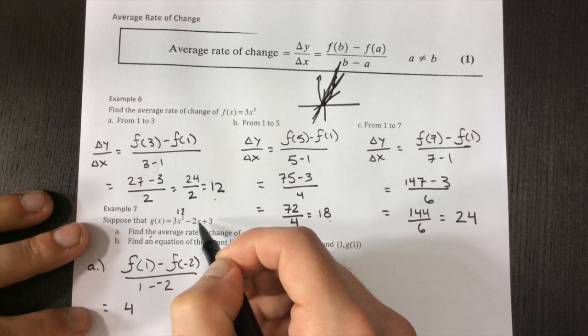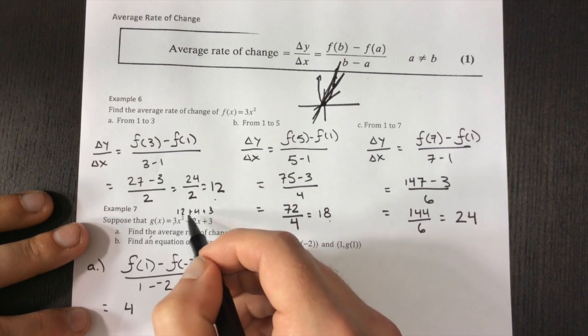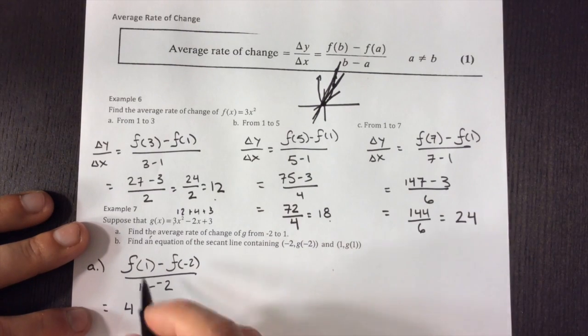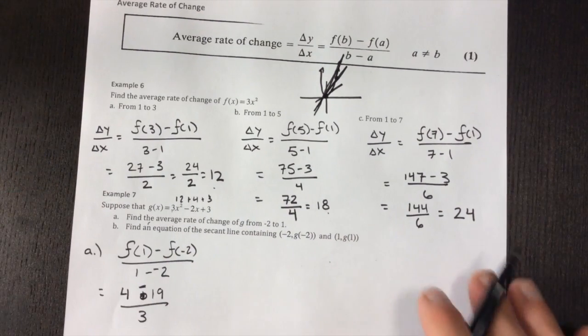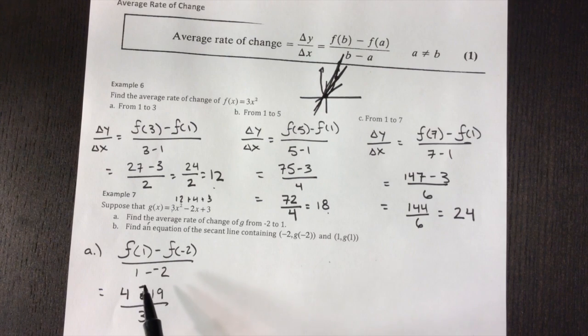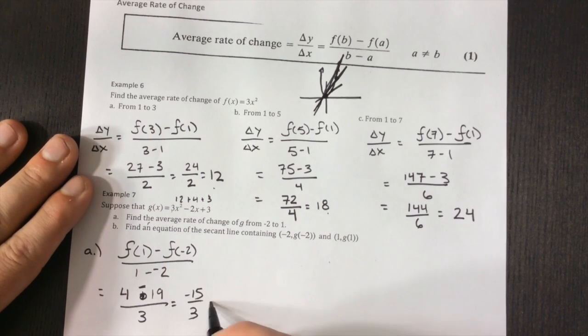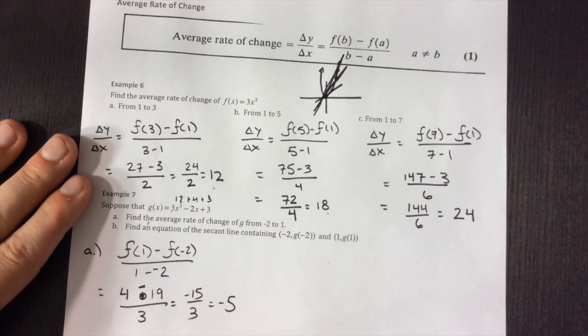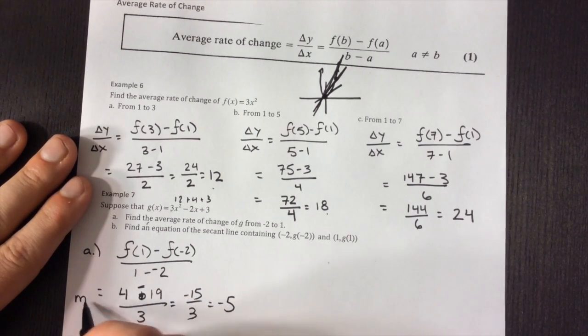Negative 2 times negative 2, which is 4 plus 3. So that's 16, 19, all over 3. So if I did that right, and I just noticed that I had the wrong sign, so it's 4 minus 19 divided by 3, which gives me negative 15 over 3, which is negative 5. So once I get negative 5, that's my slope.